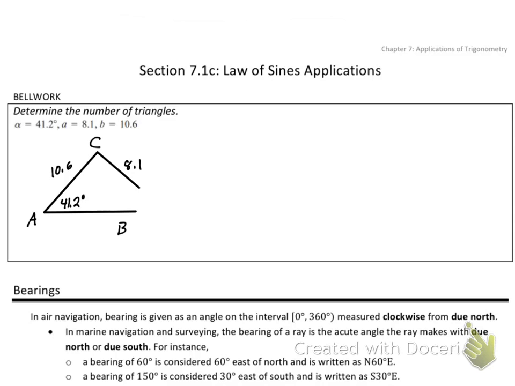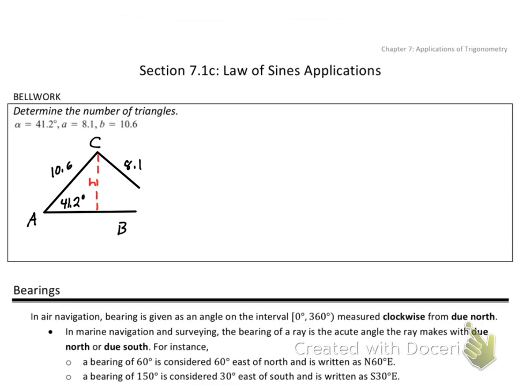So if I can't use number 4, I'm going to go ahead and say I need to find the height. If this would have been longer, you would have been done. You would have said 1 triangle, and you wouldn't have to do any work whatsoever. You could just say, hey, a is bigger than b. I'm done. There's 1 triangle, Mr. Pavian. All right. Unfortunately, that wasn't the case, so we need to find that height.